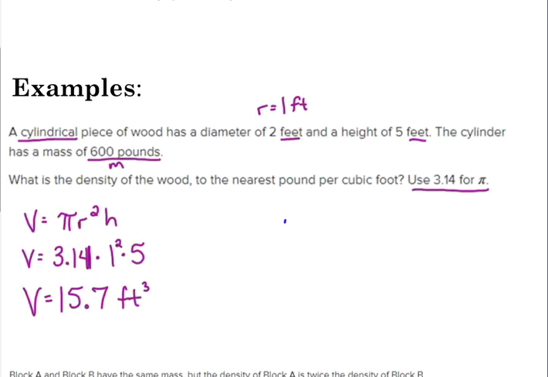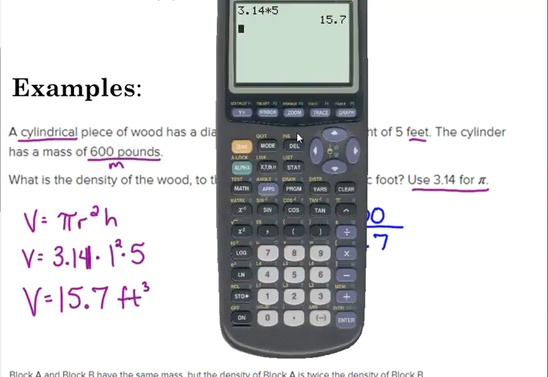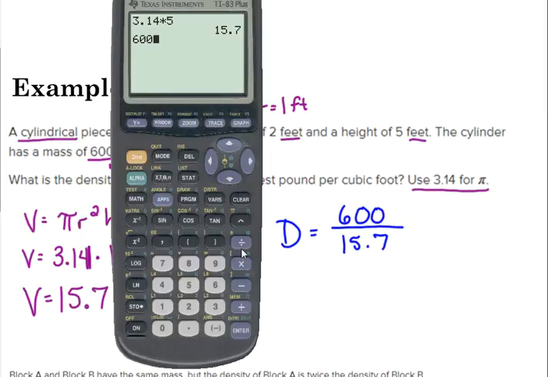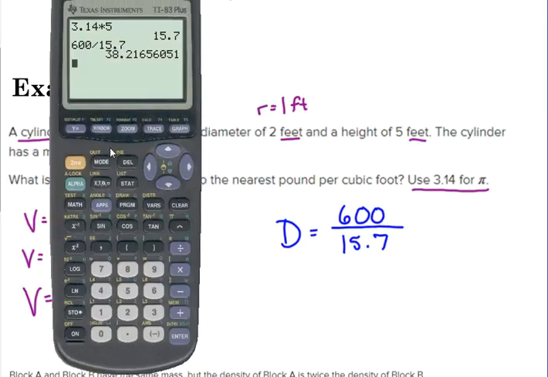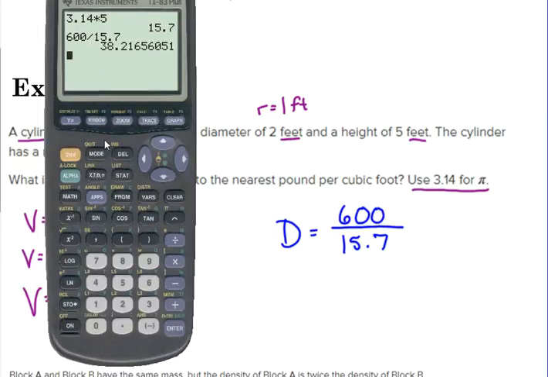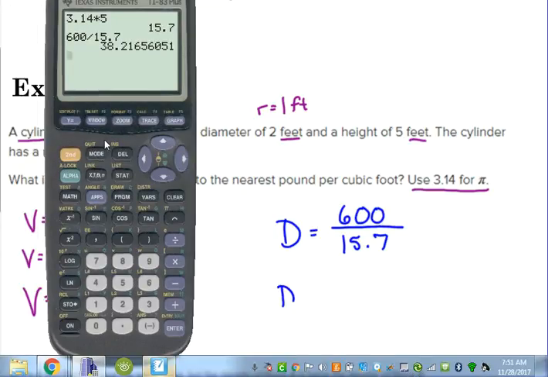All right, so let's plug into our density formula. Density equals our mass divided by our volume. Then all we have to do is divide those two amounts: 600 divided by 15.7. And it says to the nearest pound per cubic foot, so that would be 38 pounds per cubic foot.